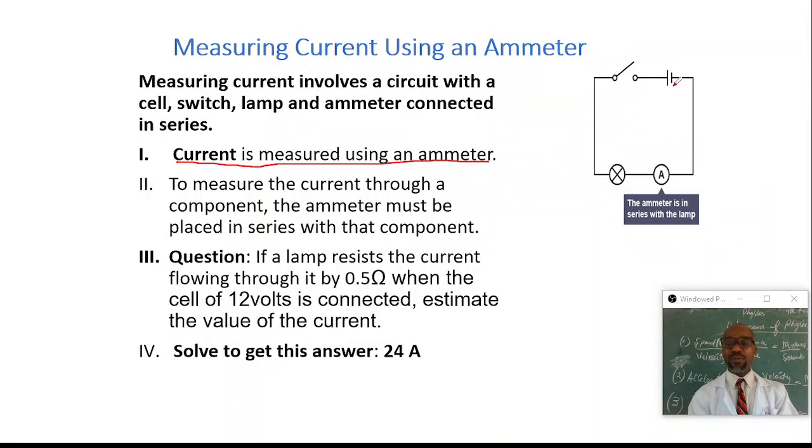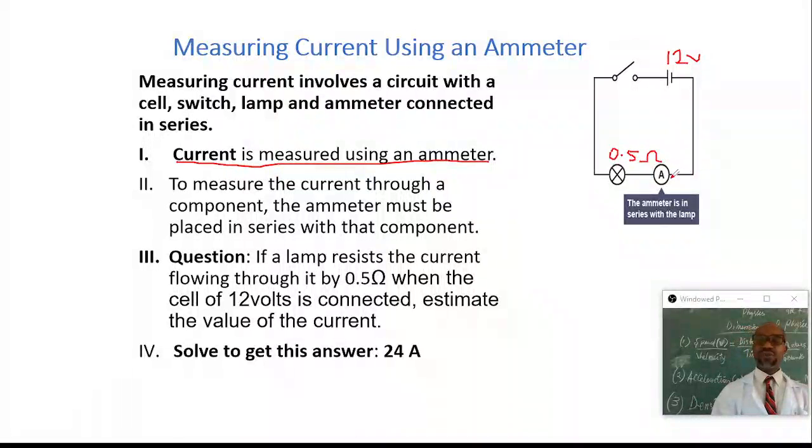Suppose we have here 12 volts, 12 V, representing the source of energy, and then the resistance offered here is 0.5. Okay, 0.5 is the amount of resistance, measured in ohms.